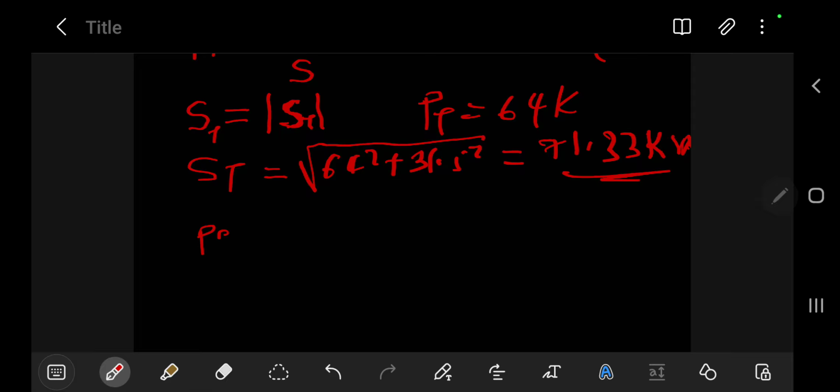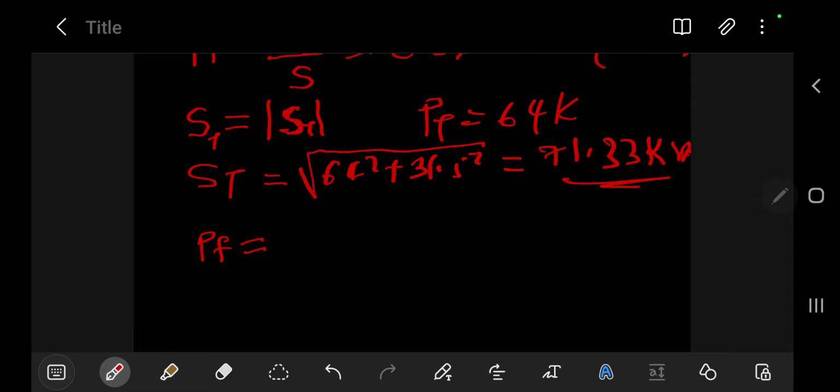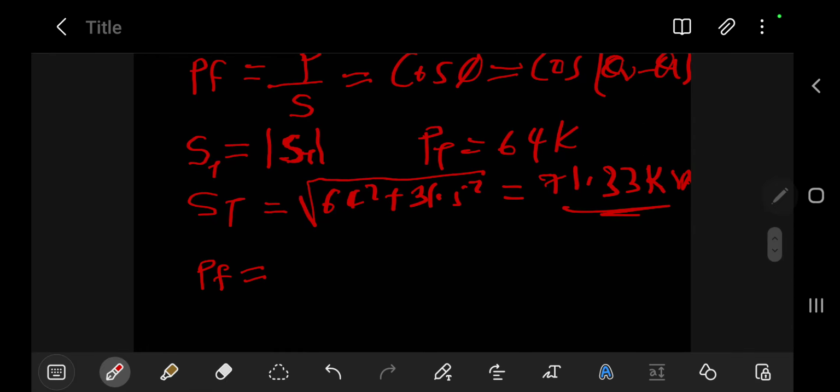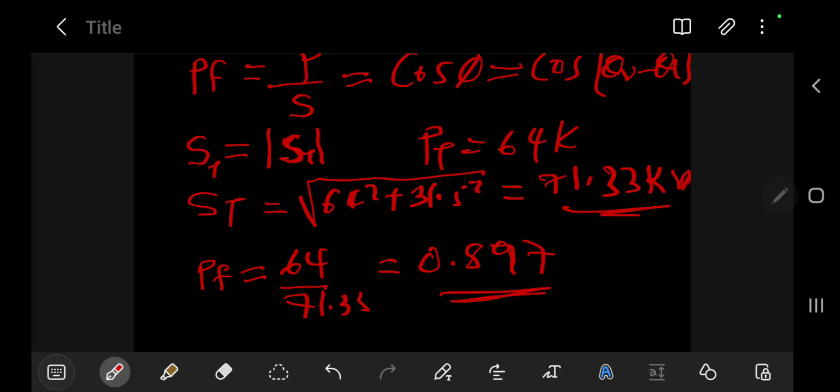So power factor is now equal to 64 over 71.33. If you divide 64 by this answer, you just get 0.897.